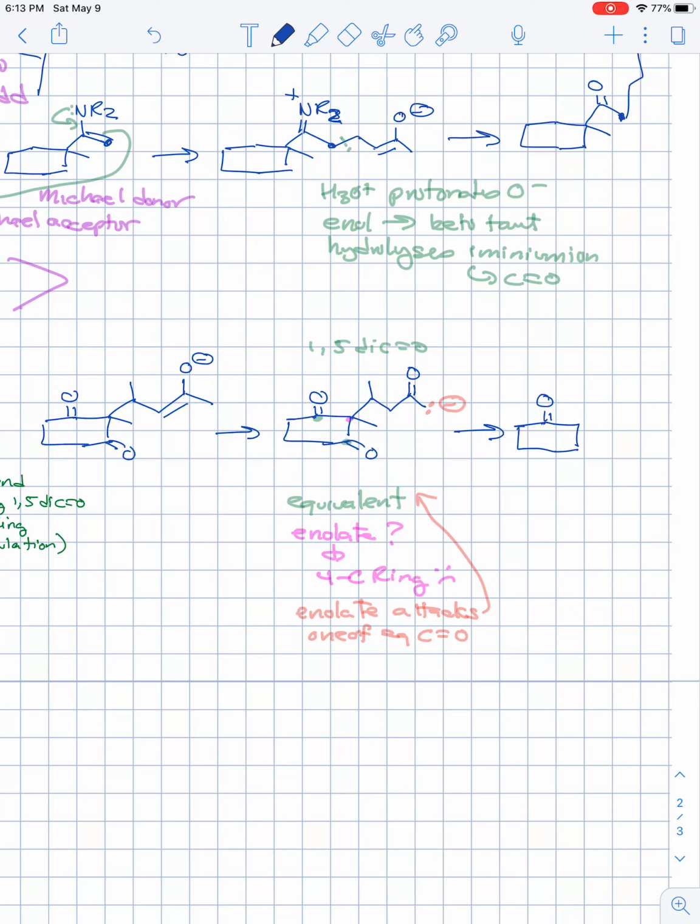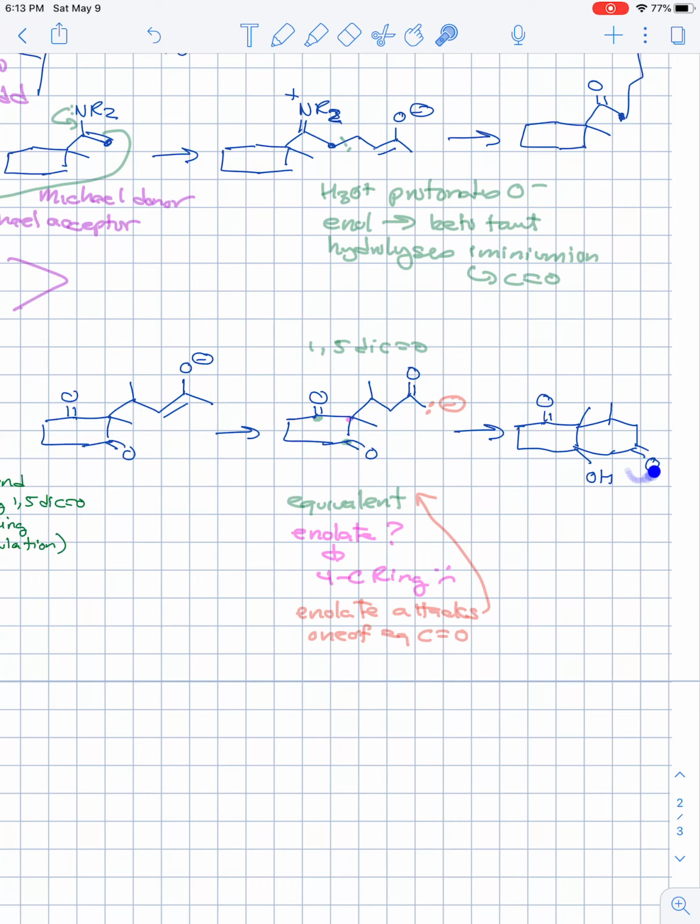So I'll have it attack the lower one, and I'm also going to take this bond and put it up there. So if we have a 1,5-dicarbonyl, that's going to give us a 6-membered ring. So we've got that, and then we have, this is here, and then we've got that there, right?